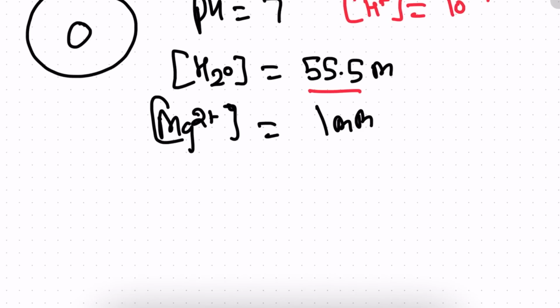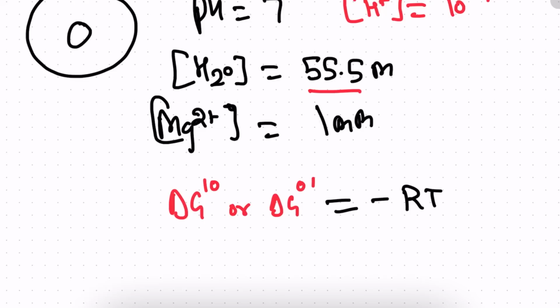In this situation, if you are going to calculate the value of delta G, then we write it as delta G prime naught, or you can write delta G naught prime. You can write it either way. You calculate the value as minus RT ln K equilibrium.